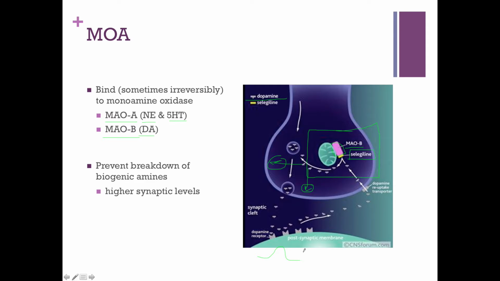We know dopamine's important for reward and for mood and for hedonic effects and drive and motivation. So the activation of this drug will be to increase levels of dopamine. MAO-A inhibitors will increase levels of norepinephrine and serotonin. Most of them, though, are just general monoamine inhibitors. So they're going to block all of those.